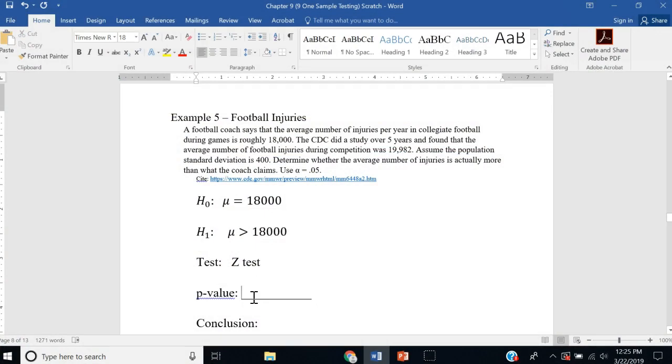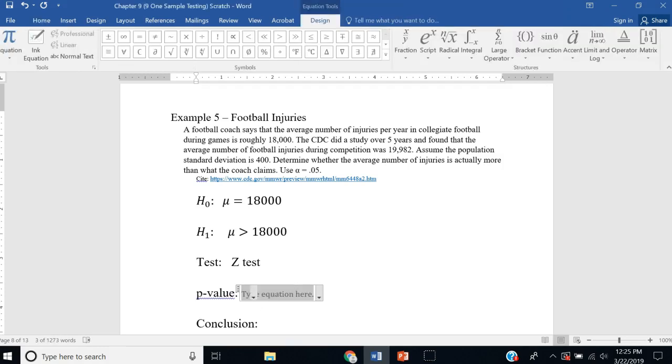When we get a p-value that comes out in scientific notation, we're just going to write it as scientific notation, right? 8.07 times 10 to the negative 29th. If you were to write that as a decimal, you'd have 28 zeros before the 807.